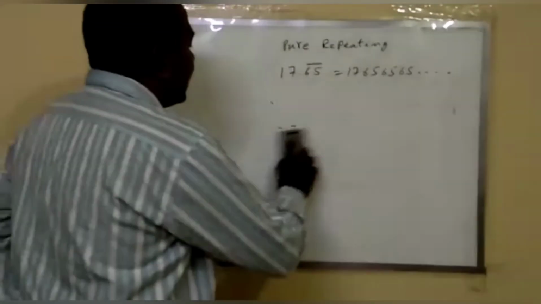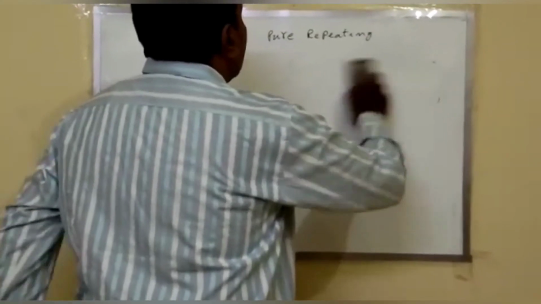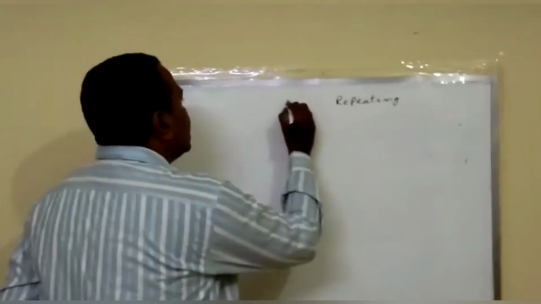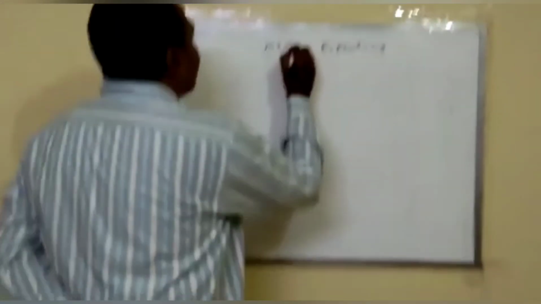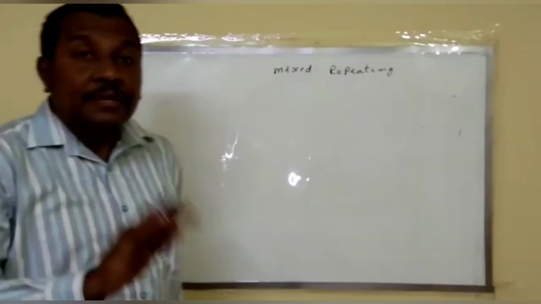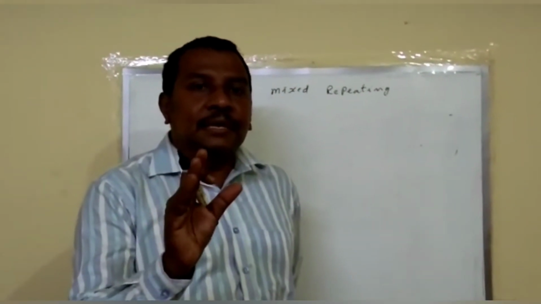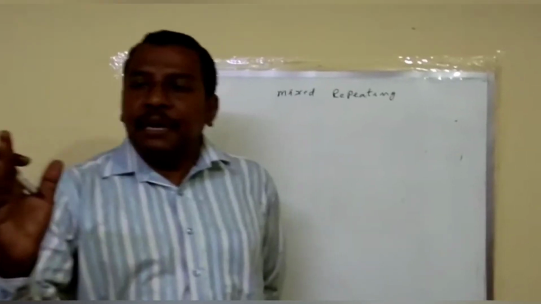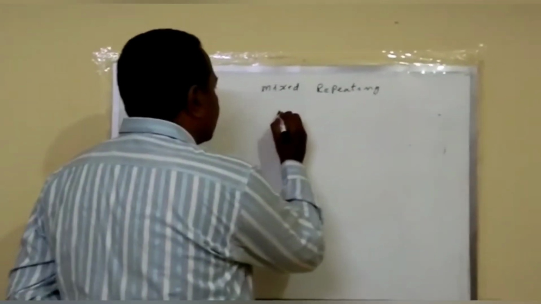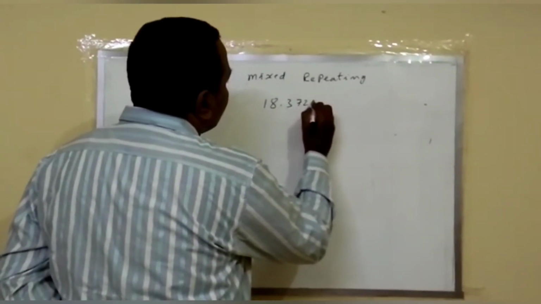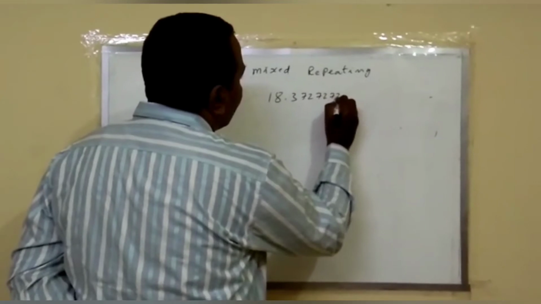Next, what are mixed repeating decimals? I think you can guess what mixed repeating decimals are. After the decimal point, if a few digits are left over and the remaining digits repeat continuously. Example: 18.3727272 and so on.